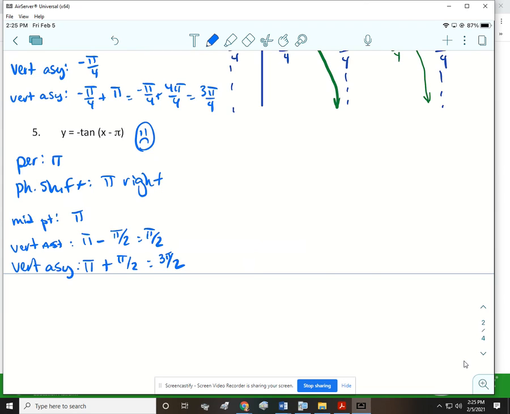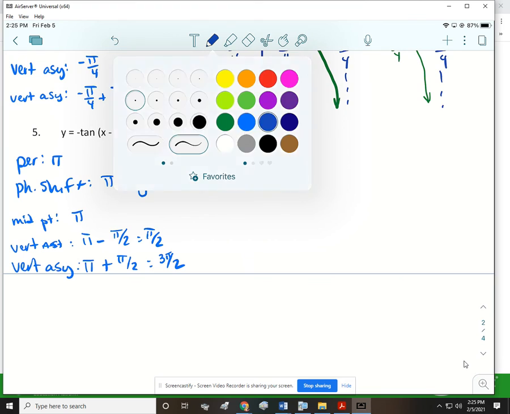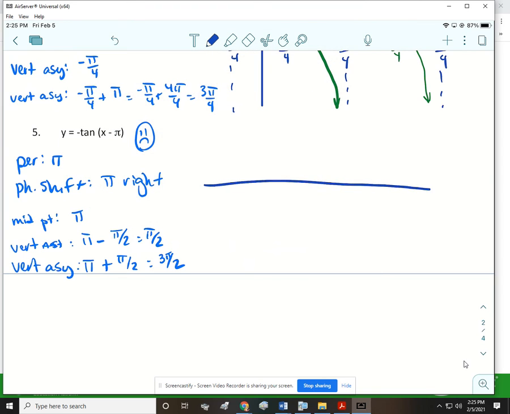Now, since this one is shifted so far to the right, I'm going to do it this way, because those are all going to represent vertical asymptotes. So pi over 2, 3 pi over 2, like that.